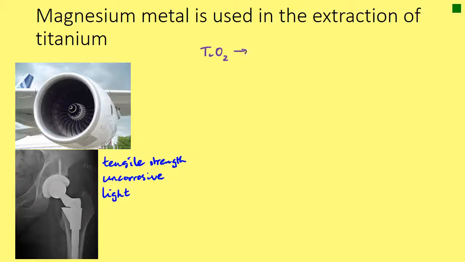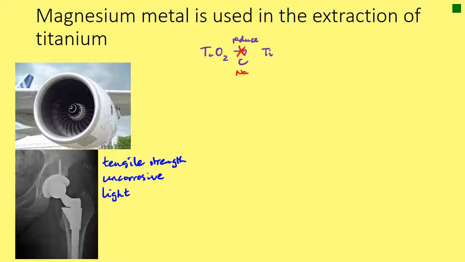If you try and reduce it with carbon, then the titanium you get is brittle, because there's still some carbon in the titanium, essentially titanium carbide, and that's very brittle, so we can't do that. And if you reduce it with other reactive metals, let's say sodium, then you get impurities that are difficult to remove.